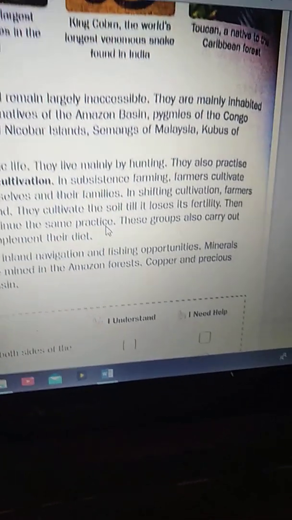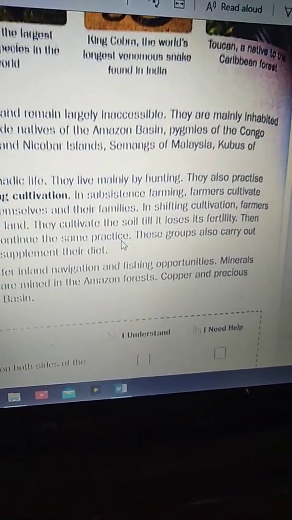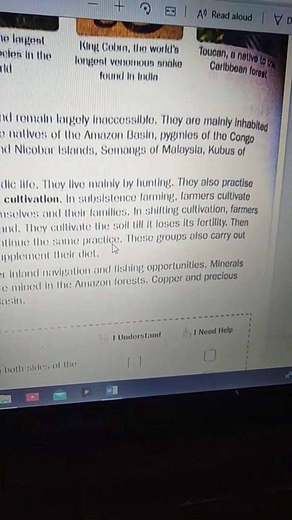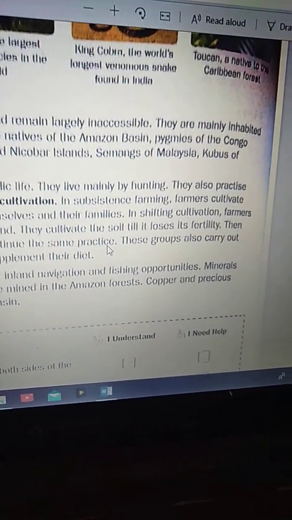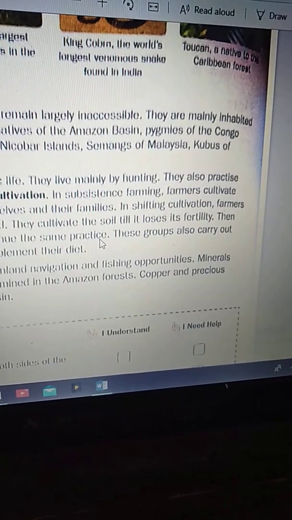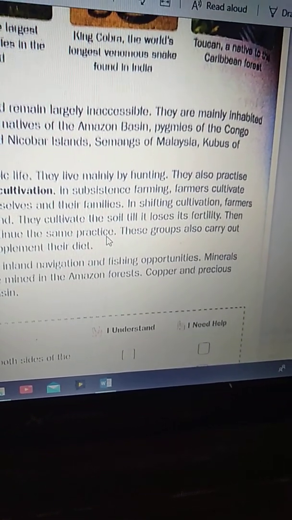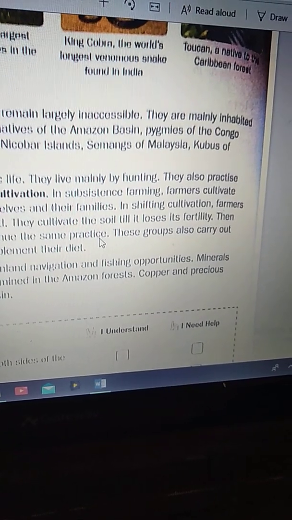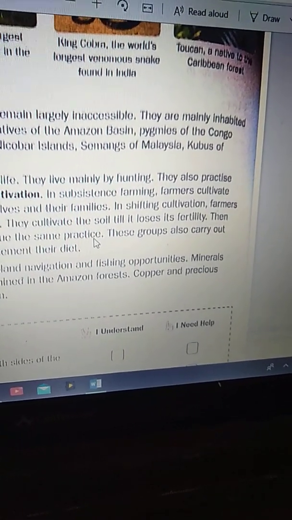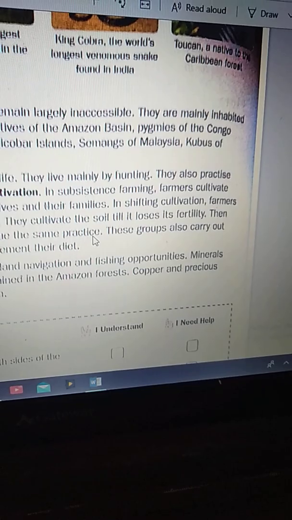In subsistence farming, a little cultivation is done in order to sustain themselves and their families. But in shifting cultivation, farmers burn and clear a patch of forest land.